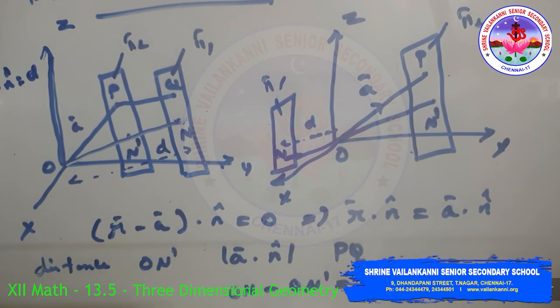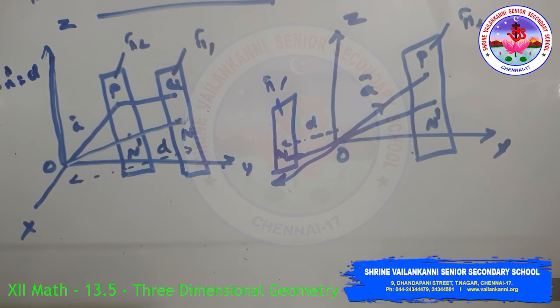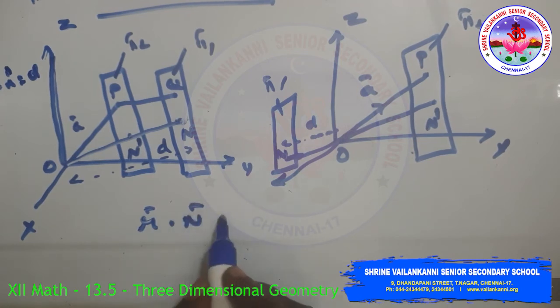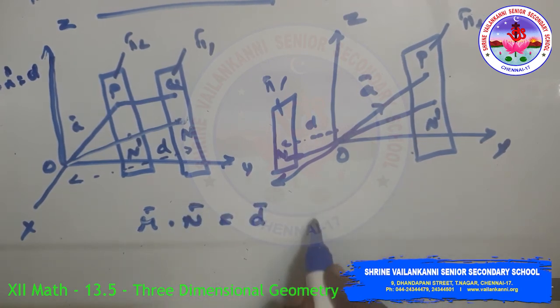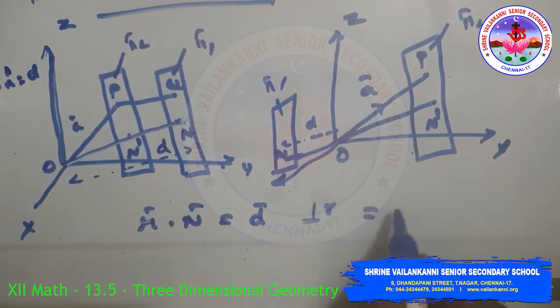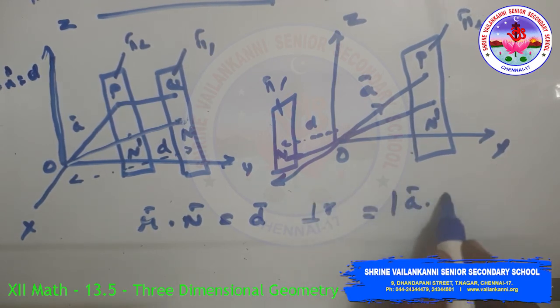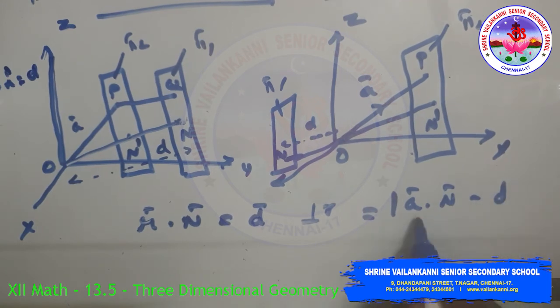If the equation of the plane pi 2 is in the form r dot n equal to d, where n is normal to the plane, then the perpendicular distance is modulus of (a dot n minus d) by modulus of n.